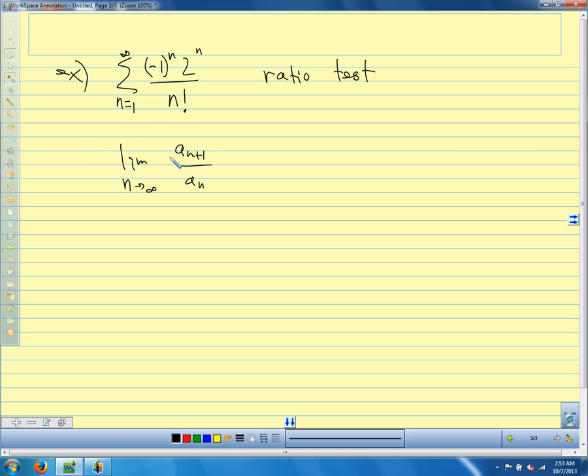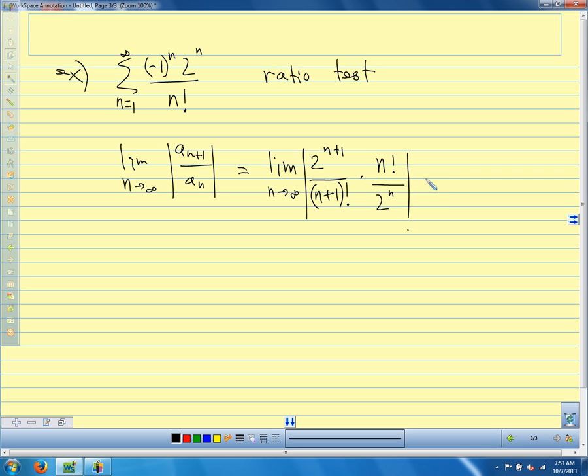So what we're looking at here is the limit as n approaches infinity of a sub n plus 1, which is 2 to the n plus 1 over n plus 1 factorial. And we're dividing by a sub n, so I'm just going to flip that over right away, times n factorial over 2 to the n.